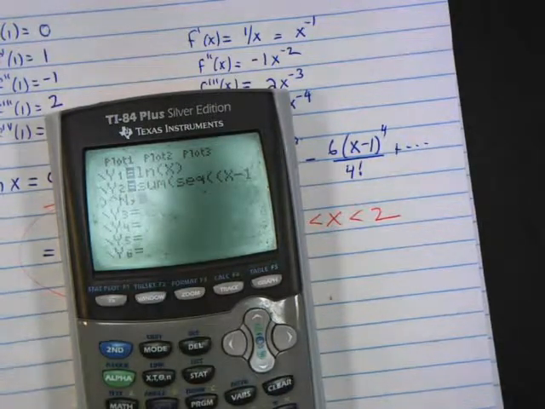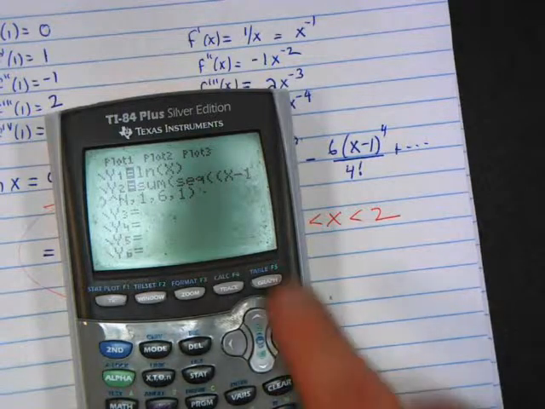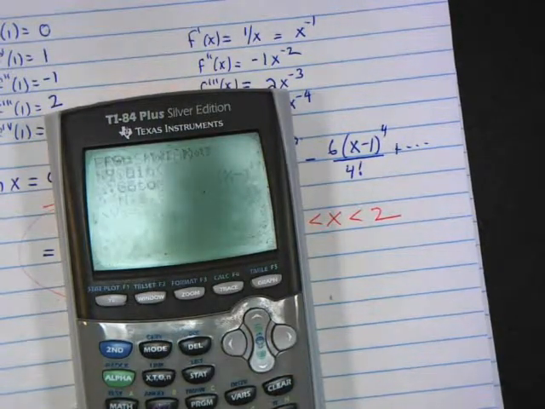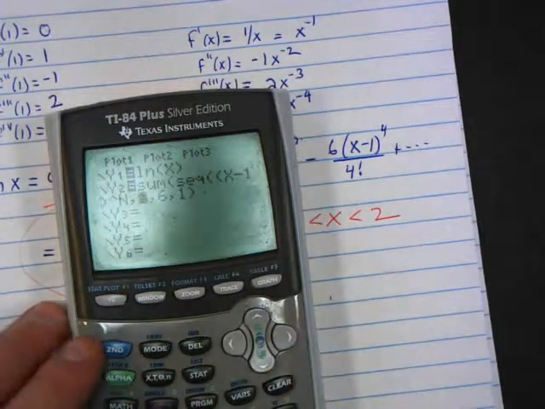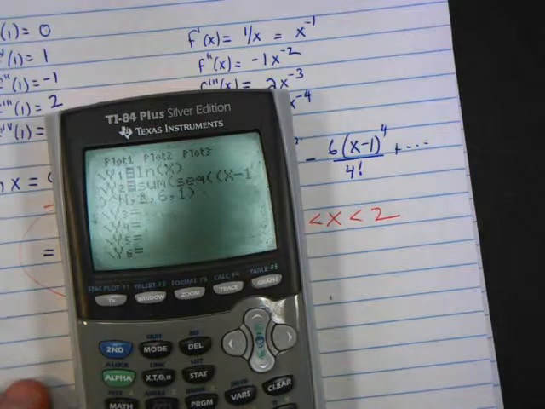We want it to start at 1, end at, we got to end it somewhere where the calculator won't go to infinity. 30. Let's try 6. Got to go by ones. I think I'm missing something. Yeah. I know what I'm missing. You got to tell it what the variable is.